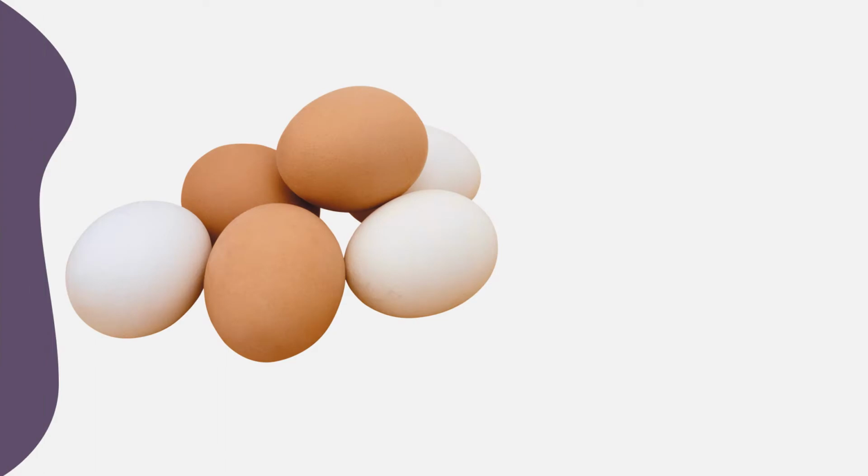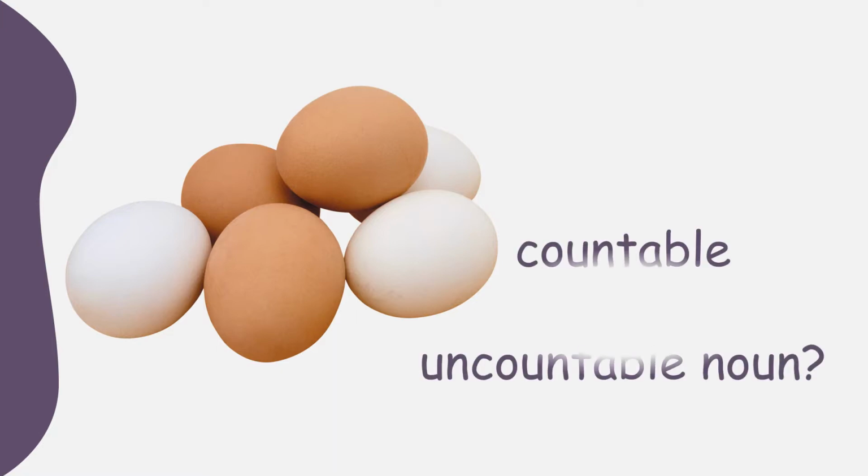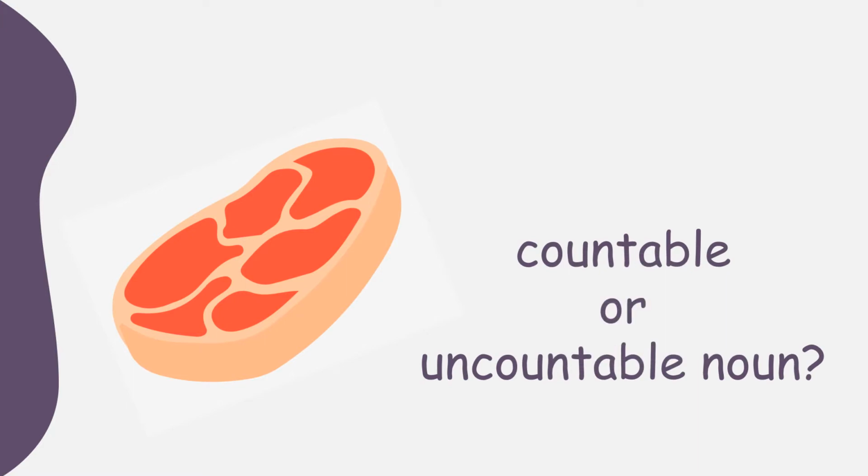How about eggs? 1, 2, 3, 4, 5, 6 eggs. Countable or uncountable noun? Since you can count them, that means they are countable nouns. They are eggs. Next, how about meat? Countable or uncountable noun?